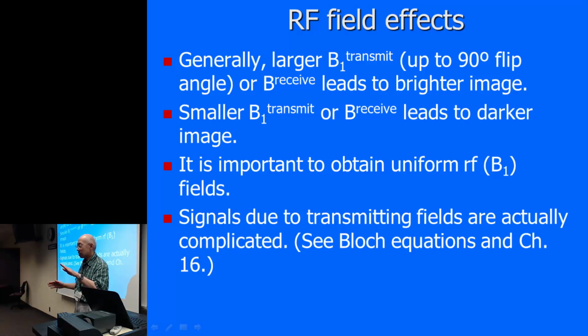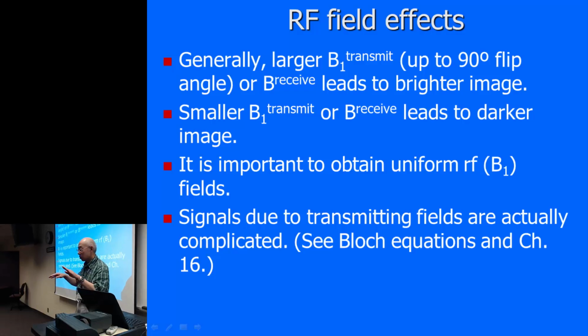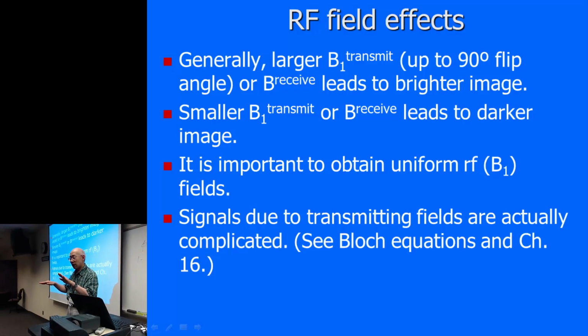Then, of course, I have less signal from these compared to those. So if I want a uniform image intensity, then I need to have a uniform B1 field.